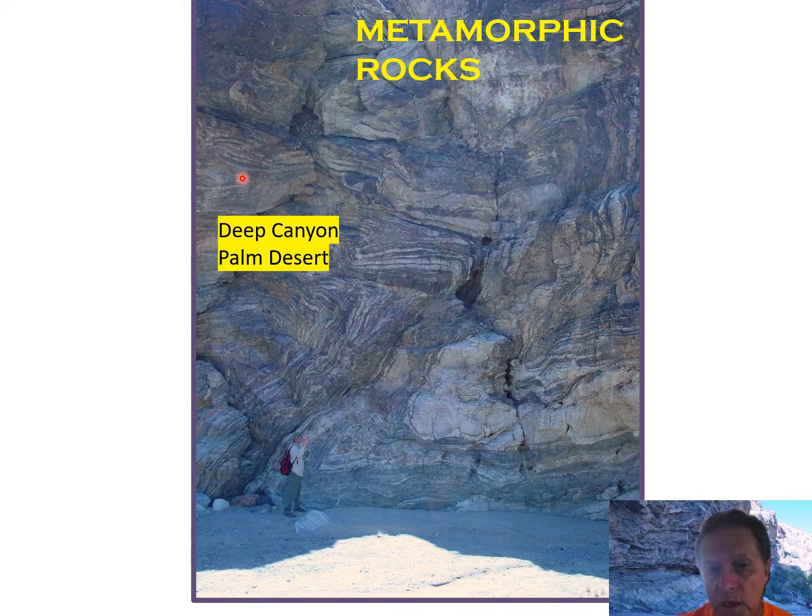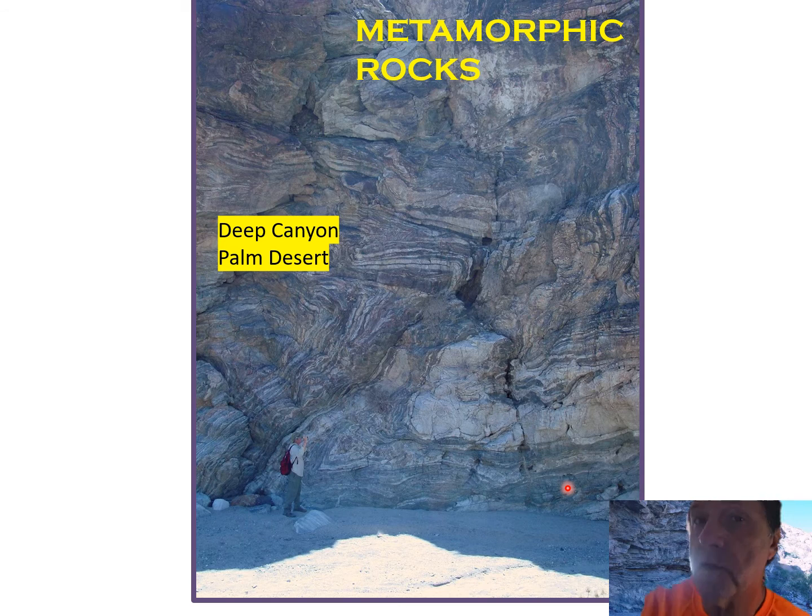If you follow my laser pointer here, you can see these bands or layers of rock, and they go this way, then they come back this way. This is called a Z-fold. So these are rocks that were originally horizontal strata, which have been deformed by pressure and heat and folded, just like you fold a sheet of paper, folded into this Z shape.